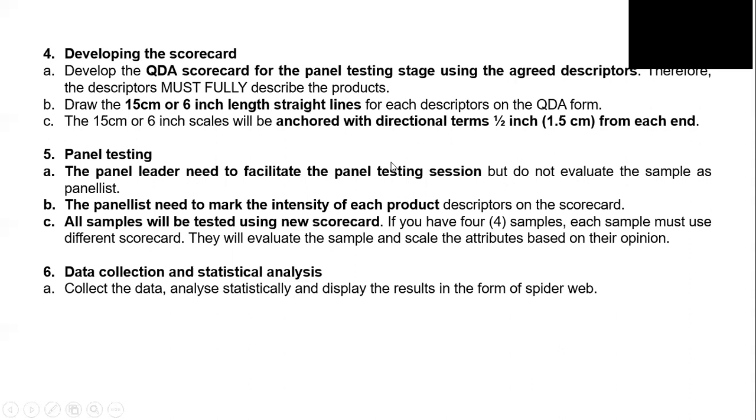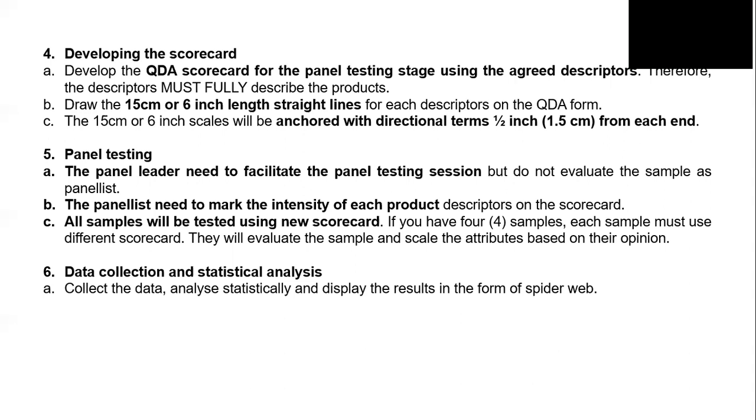Okay? So from the line, the panelists must point out where they measure the intensity, and then from there, the sensory team must measure the length and put them into tabulated data. Then, if the sample is only 2, they can run a t-test.